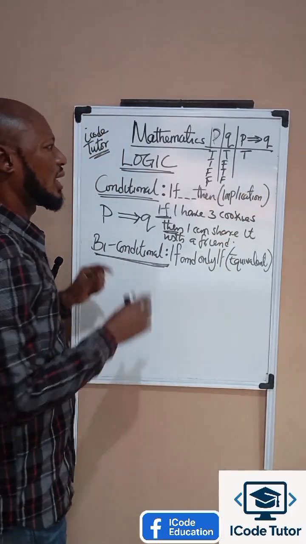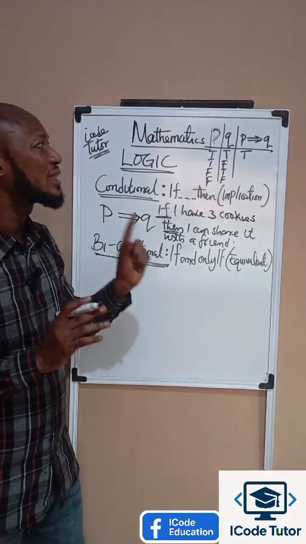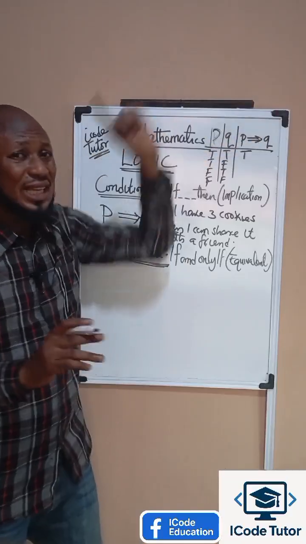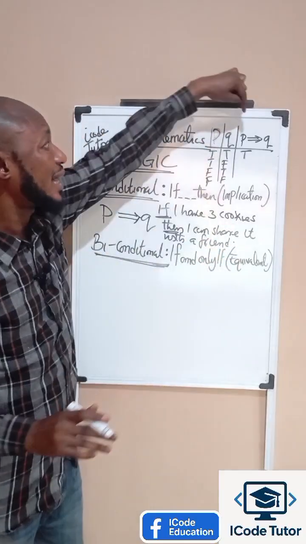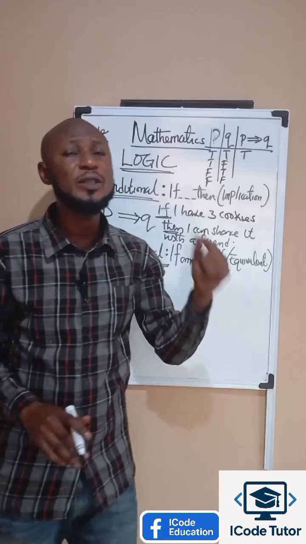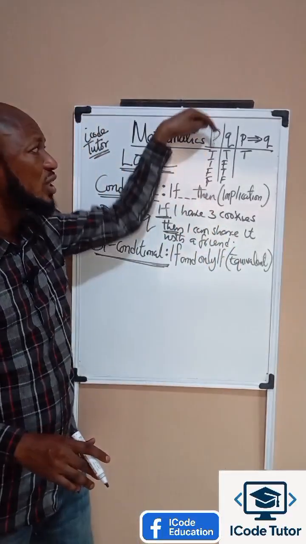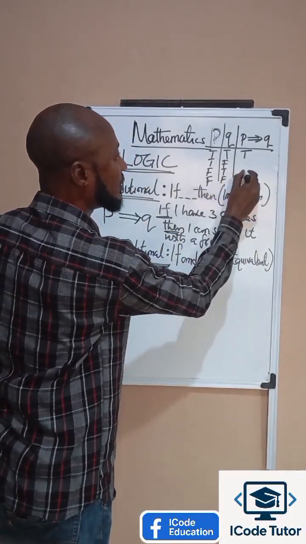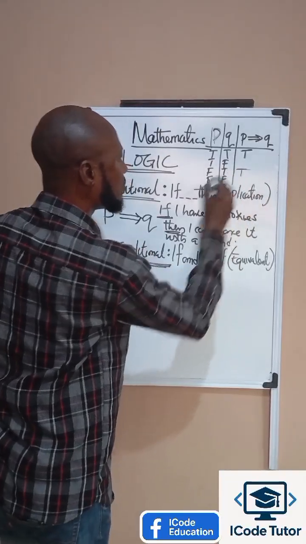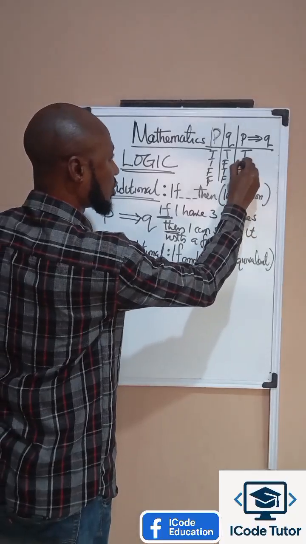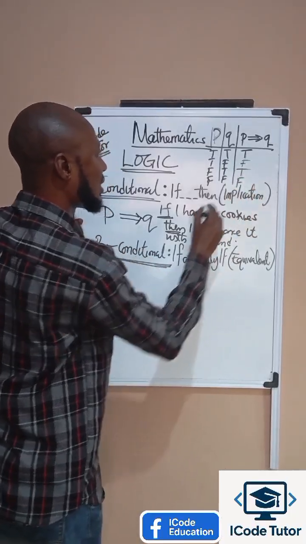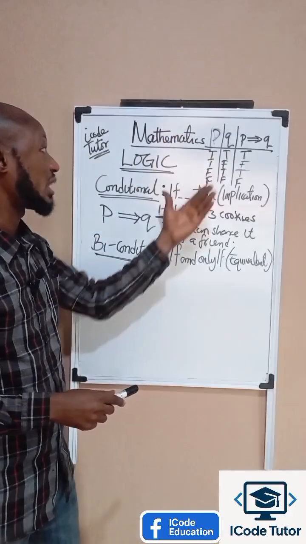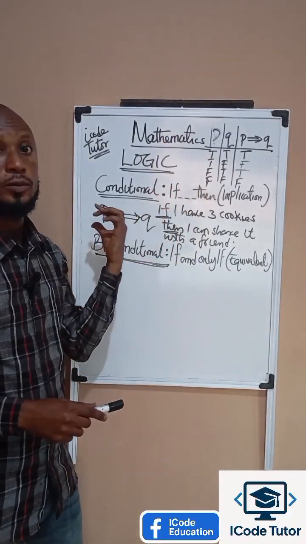Also, what we are going to note is that the arrow faces directly to Q. That means that for you to have a true value, your conclusion on Q must always be true. That means that this F, T also will be true, and the others will be false statements. So two things are involved in the truth table of conditional, which is implication.